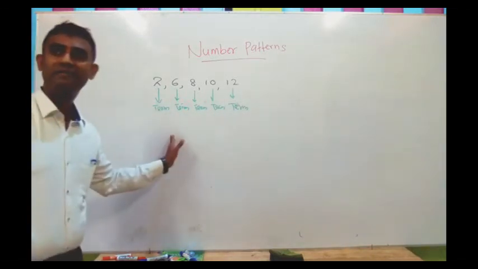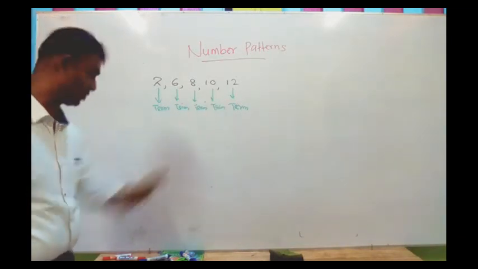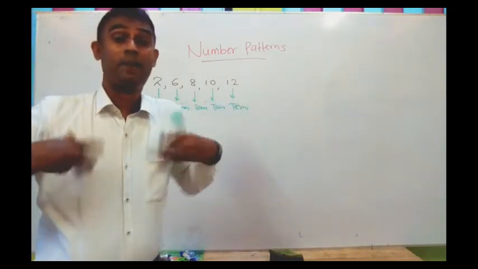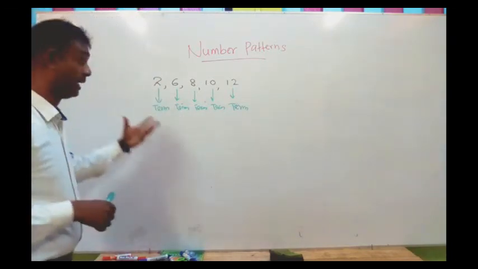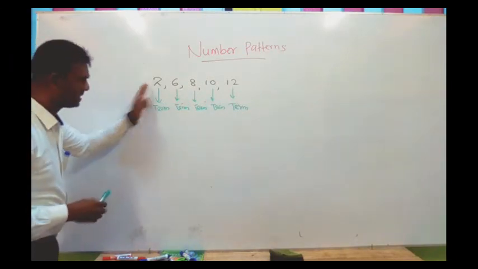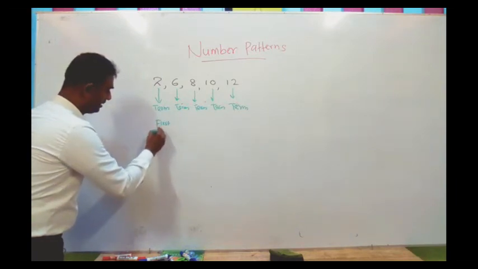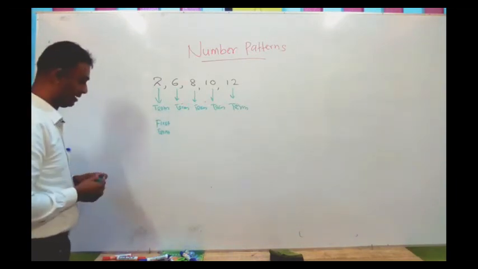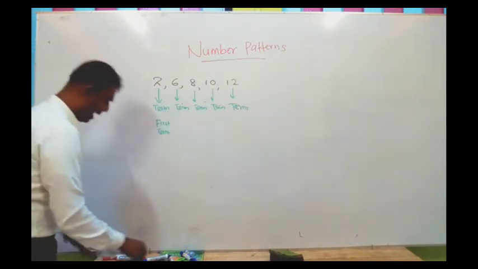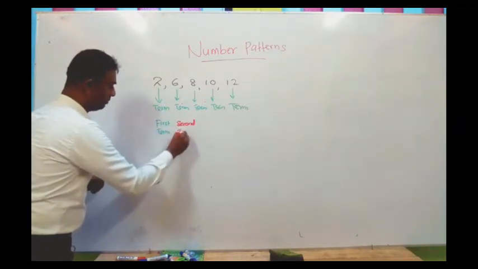But we give specific names for these different terms. It is not a difficult definition. This is the first term, therefore we call it the first term. Now one by one, next one is the second term.